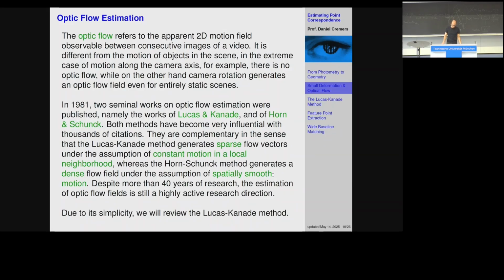I recorded it about 12 years ago. So you can watch that class, and it introduces this concept of variational methods, and Horn and Schunck is the very first variational method. But variational methods are a little bit more technical, and so for the simplicity of this class, I decided to just focus on the Lucas-Kanade method here.